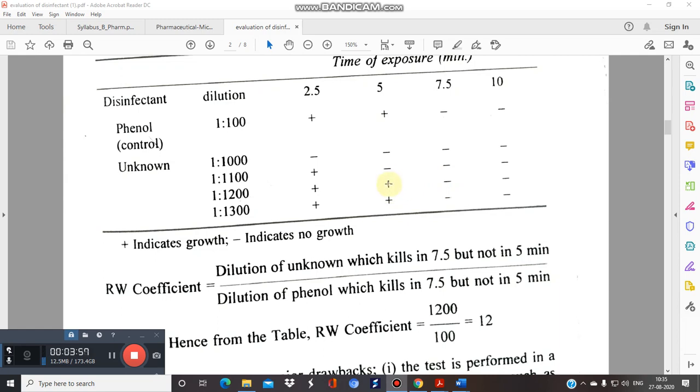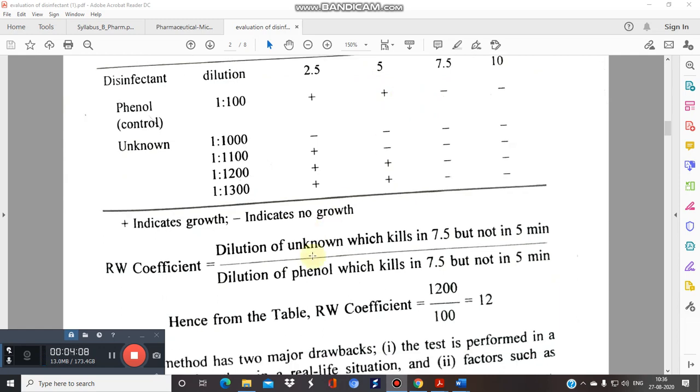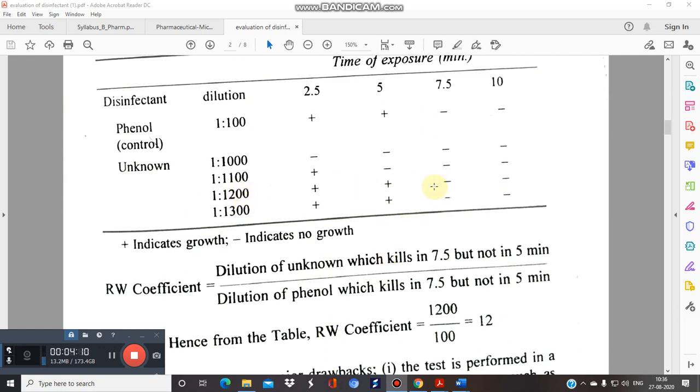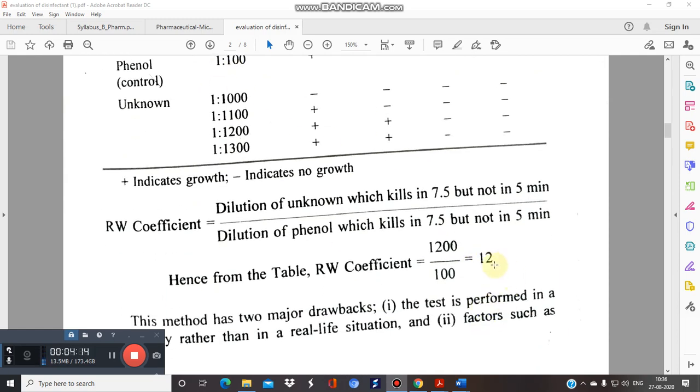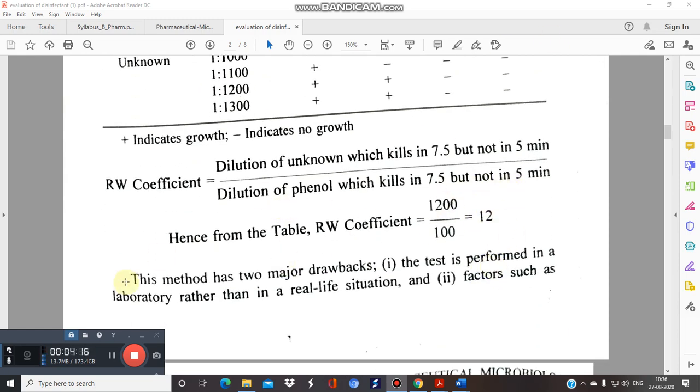So here the Riedel-Walker coefficient is equal to 1200 upon 100, which is 12. So here it is, the value of your Riedel-Walker coefficient.